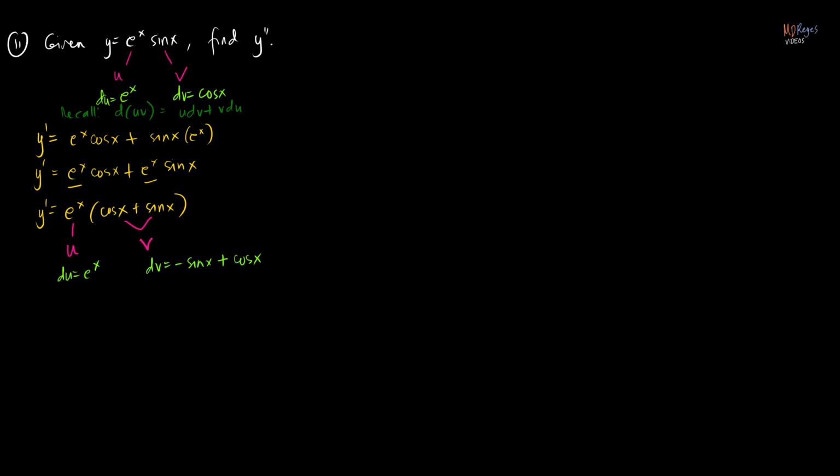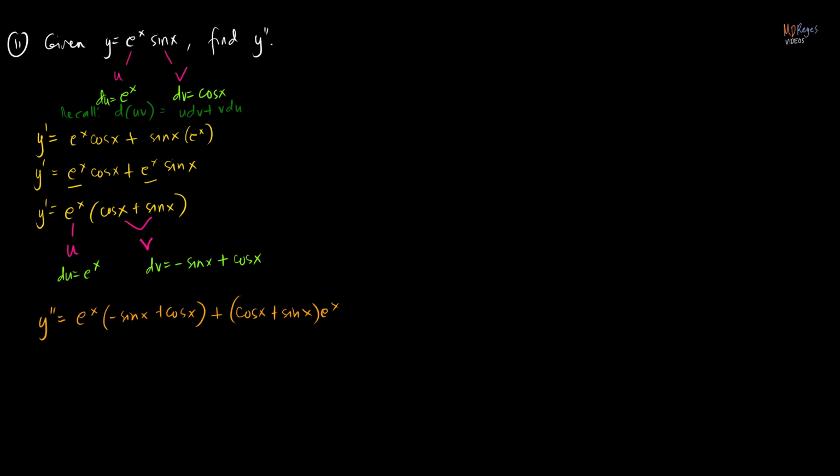So y double prime is equal to the derivative of e to the x times cosine of x plus sine of x using the product rule. So the same product rule above: it's e to the x, so u times dv, where dv is negative sine of x plus cosine of x, plus v times du, cosine of x plus sine of x, times du, e to the x.